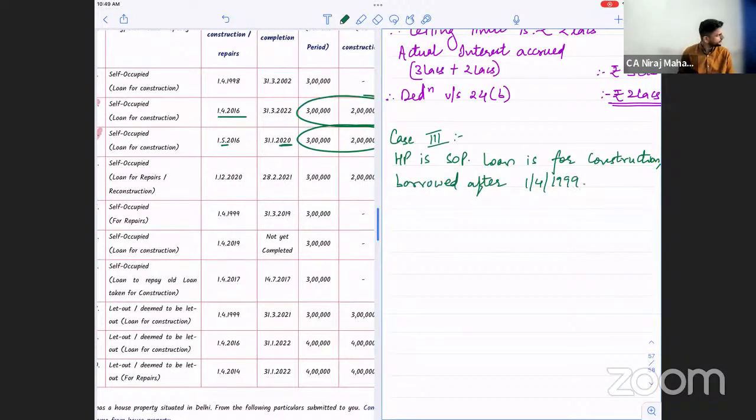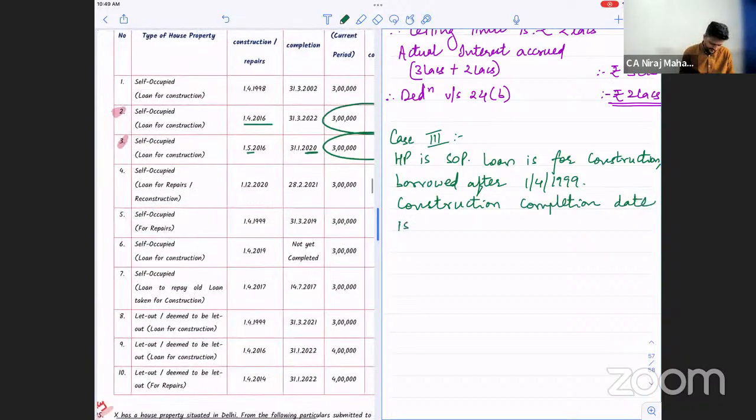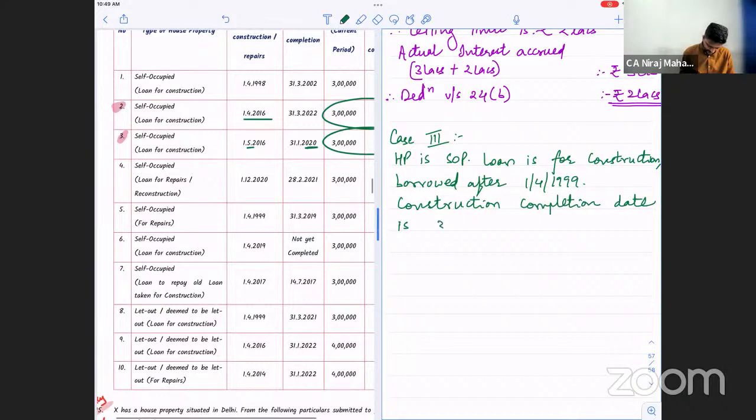Clear? Construction completion date is, in case 3, 31/1/2020. That is within 5 years.